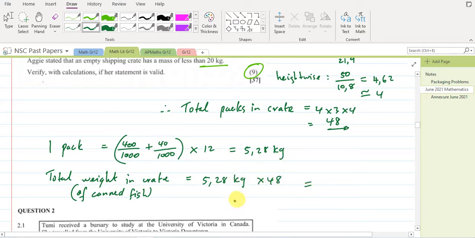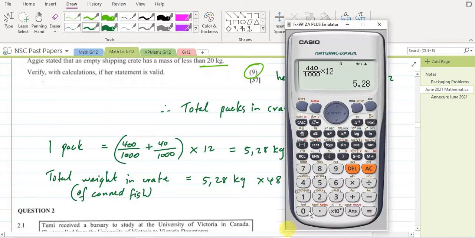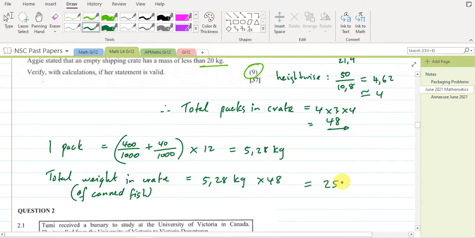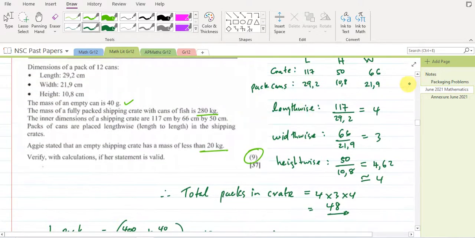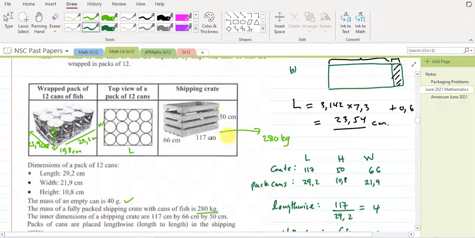So we're going to multiply this by 48, and we're getting an answer of 253.44 kg.